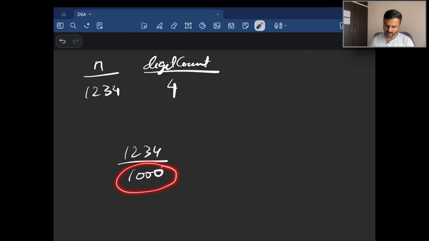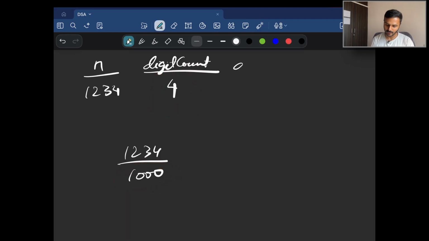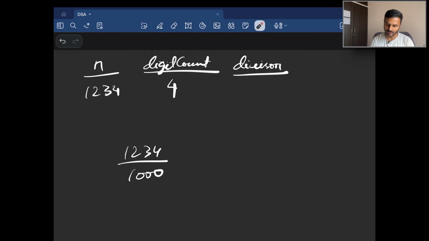And this 1000 is coming from 10 power digitCount minus 1. So let's say we have a variable called divisor where we store this, that is 10 power digitCount minus 1. So this will become 1000. We will get to how to solve this in a moment, that is 10 power digitCount minus 1.